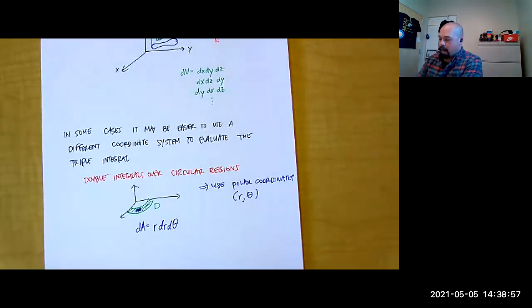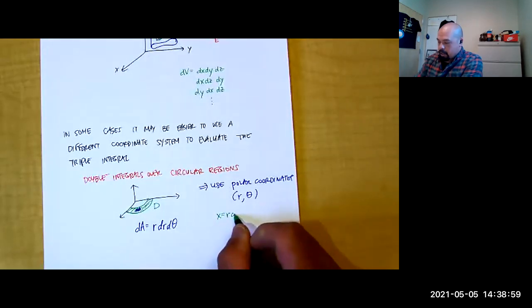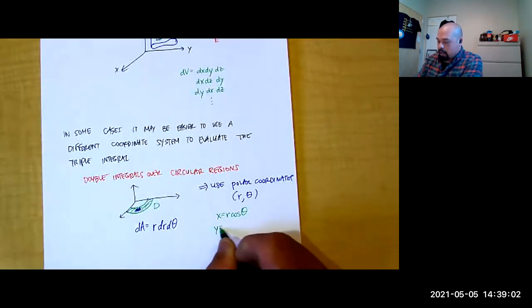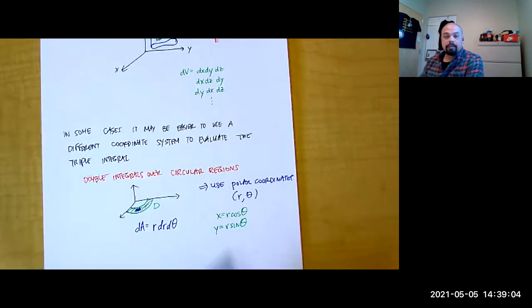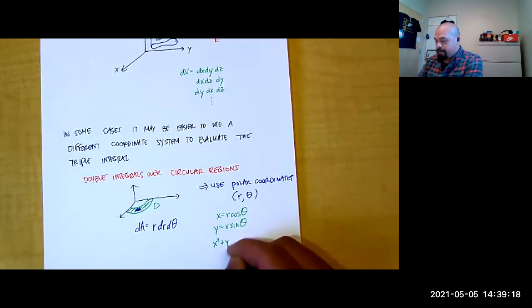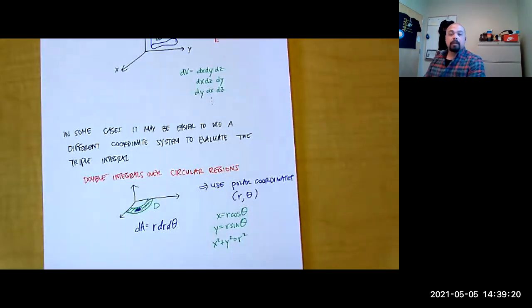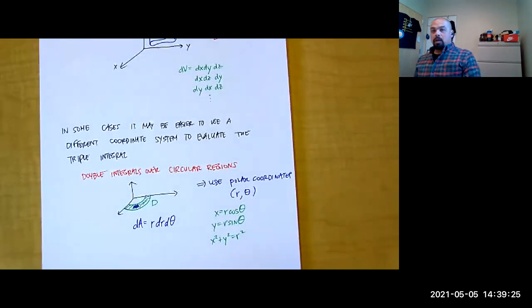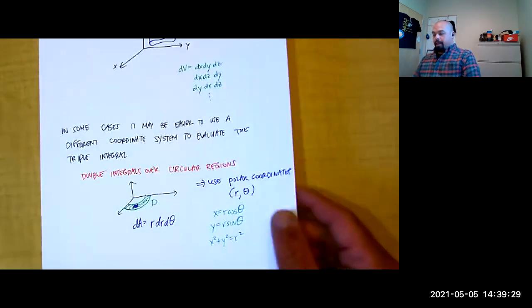And we had those conversions where x was equal to r cosine theta, y is r sine theta, a way of rewriting, reorganizing. x squared plus y squared was equal to r squared, and so on. We had built that up. So now, with that in mind, we're going to apply that with our three-dimensional system.